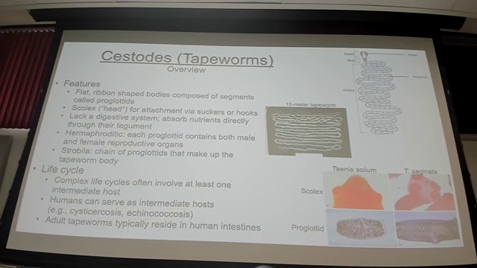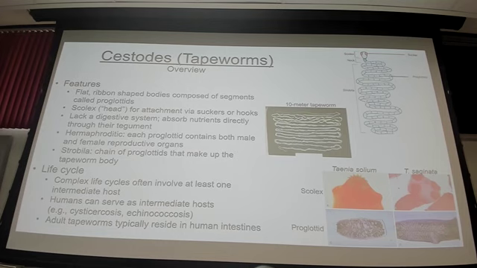With this head, which is basically just an attachment structure, it stays attached to the intestines. When you have breakfast coming, they can latch on and move a little bit, but they need to latch back on someplace else when they get that food supply.